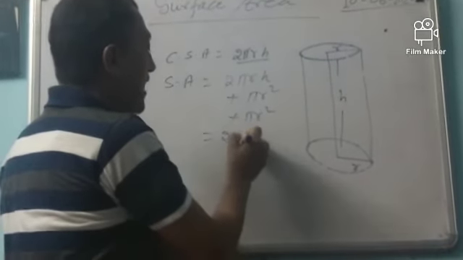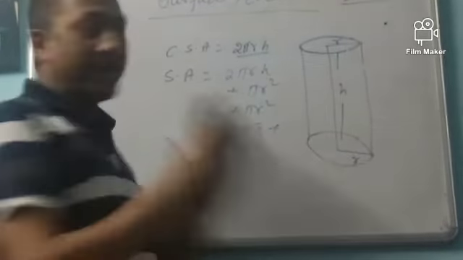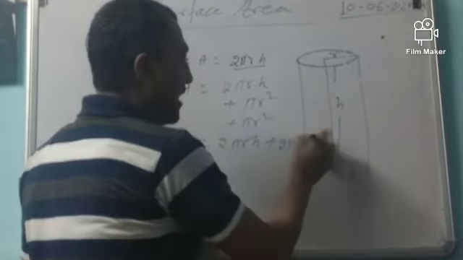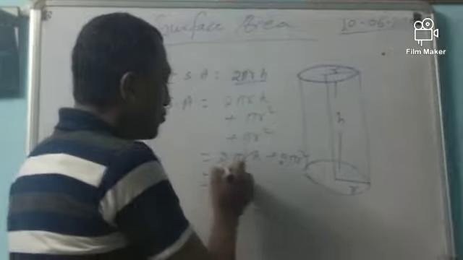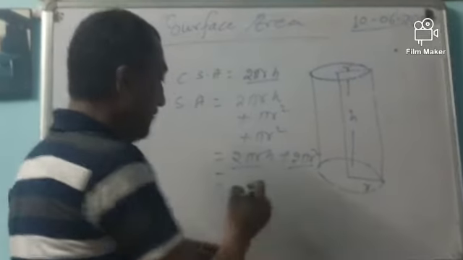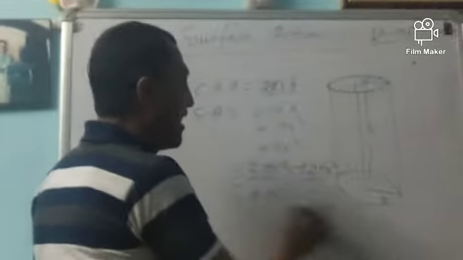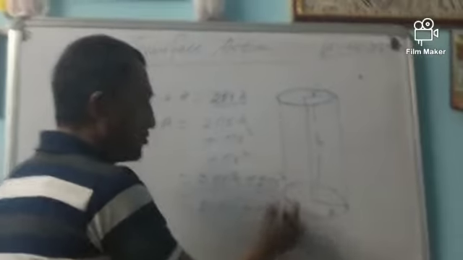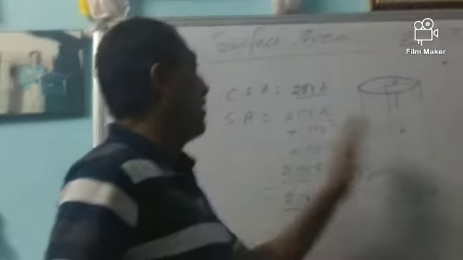So when we add 2 pi RH, pi r square and pi r square, that is 2 pi r square. Then if we take 2 pi r common, what is the rest? H, and here the rest is r, because 2 r is there, a single r. So 2 pi r into h plus r is the surface area. It is also known as the total surface area of a cylinder.